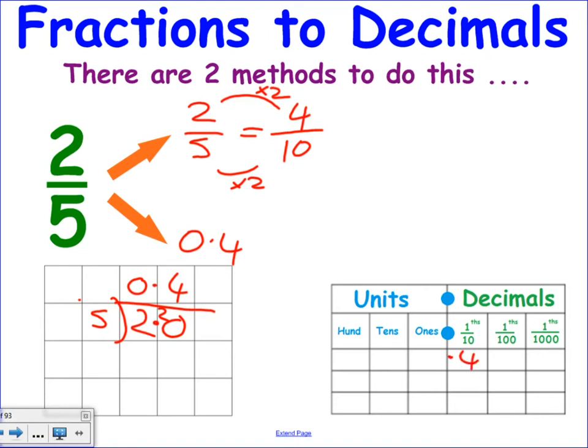And I know that 0.4 is 4 tenths. So there's 2 ways of converting a fraction into a decimal. There's actually doing what the maths is telling you to do and dividing the 2 by the 5 to get your decimal. Or there's the cutesy, I'm really good at equivalence, where you say, well, 2 over 5 is the same as 4 over 10, and I know 4 over 10 is 0.4.